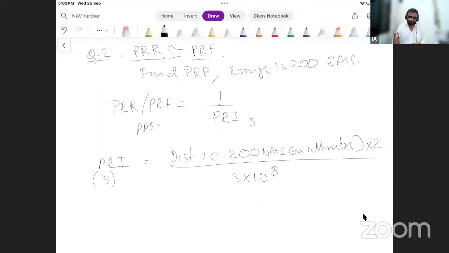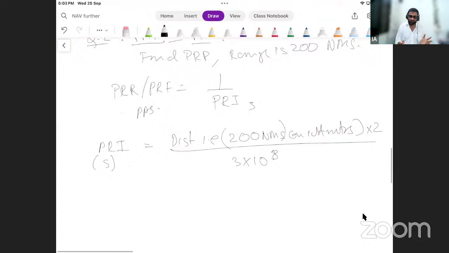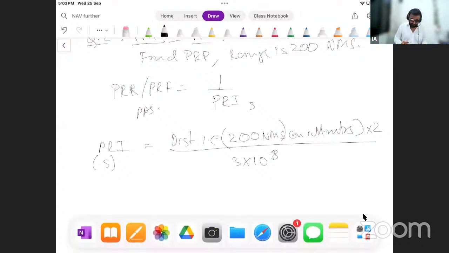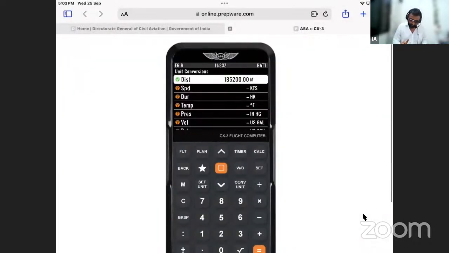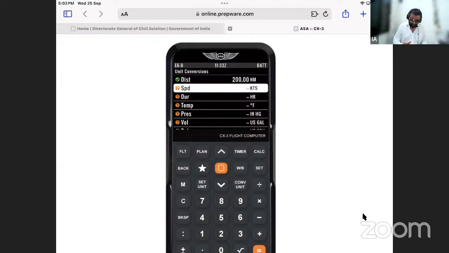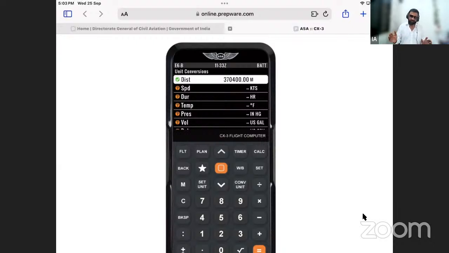So you have to follow these steps. So convert this into kilometers. 100 nautical miles will be how much? 185 kilometers. So 200 will be double of it. You can quickly check once again. Press C, do nautical miles, write 200 nautical miles, and then press to get your kilometers or meters directly. 370400. You can round it off to 370000, or you can use the actual value also to get more accurate answers.